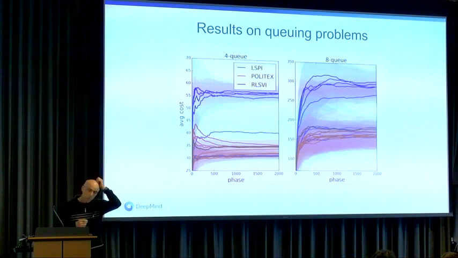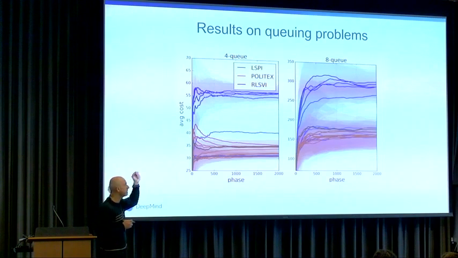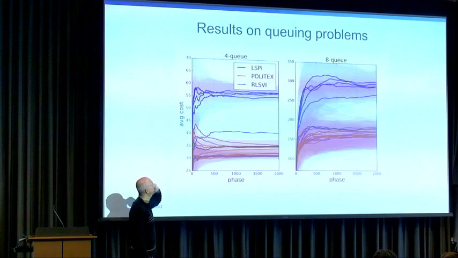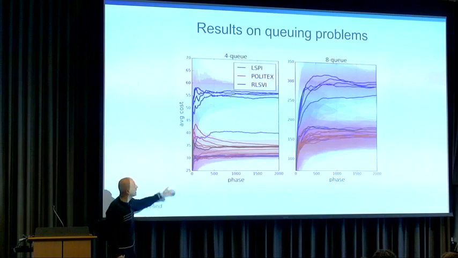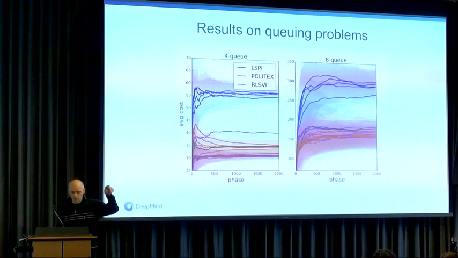Here we are also comparing with another algorithm, RLSVI, from Ian Osband and I think Dan and Zheng and Ben. And that algorithm is doing pretty well as well. The different curves correspond to different tunings.